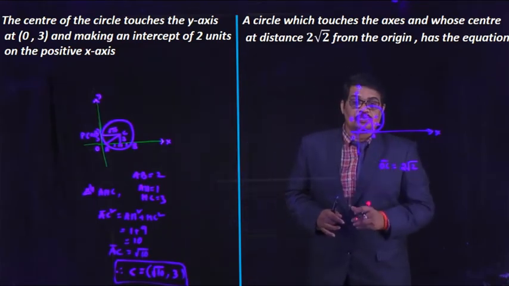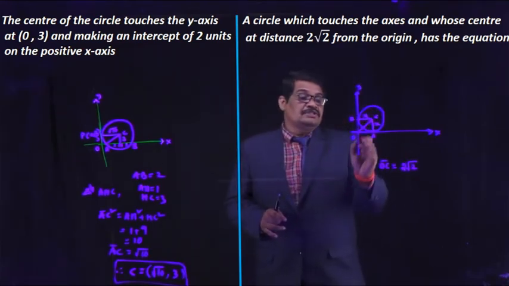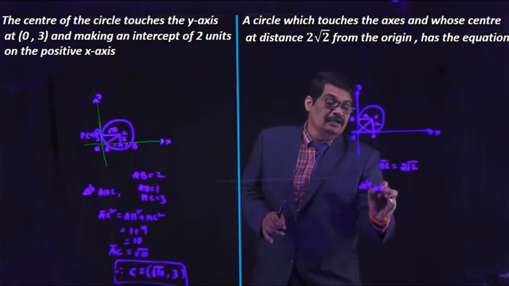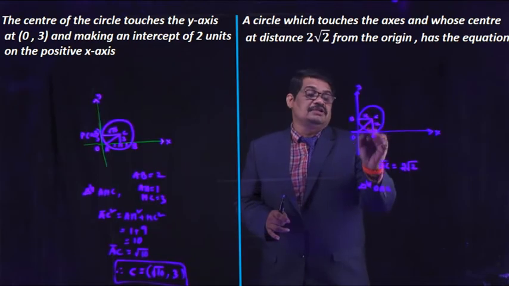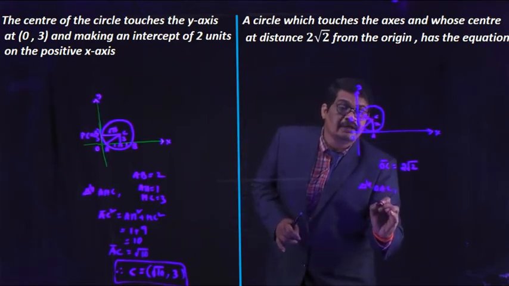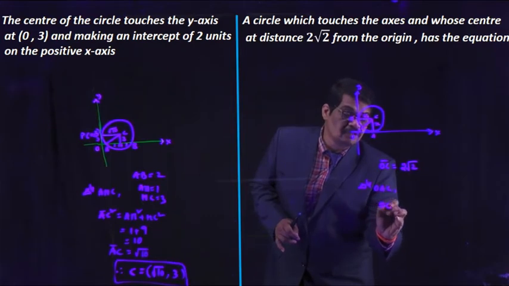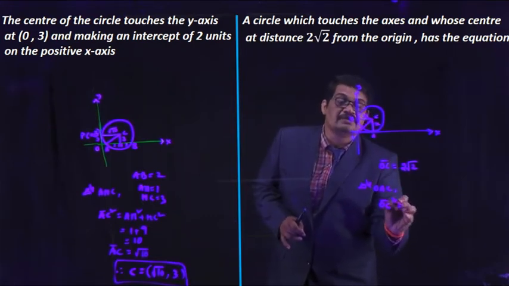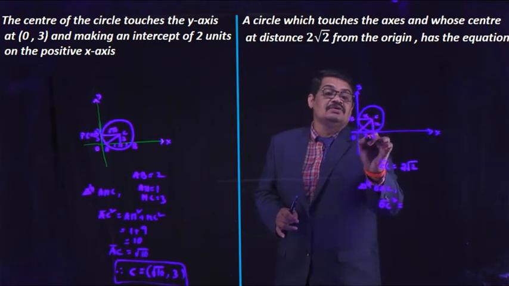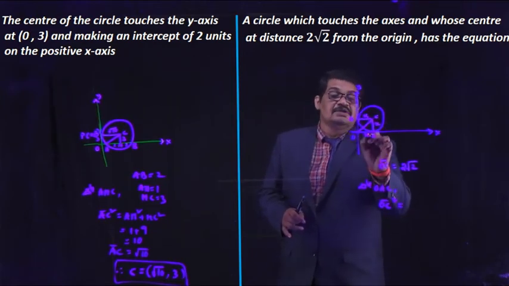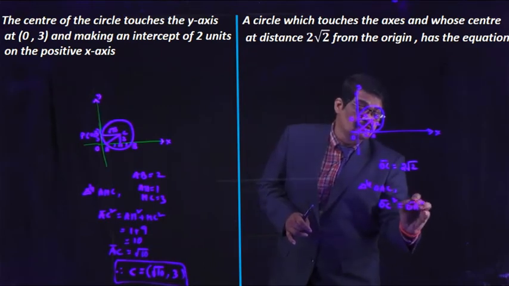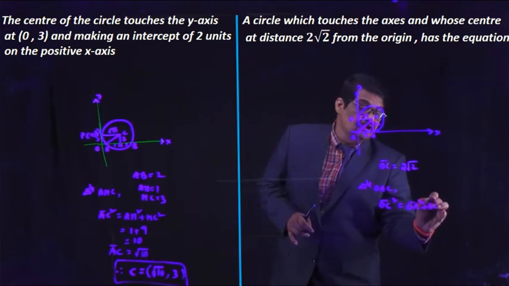That is, the distance from the origin to the center of the circle is 2 root 2. Okay, triangle OAC is a right angle triangle. From this triangle, OC is the hypotenuse, so OC square is equal to the sum of the squares of the sides, OA square plus AC square.